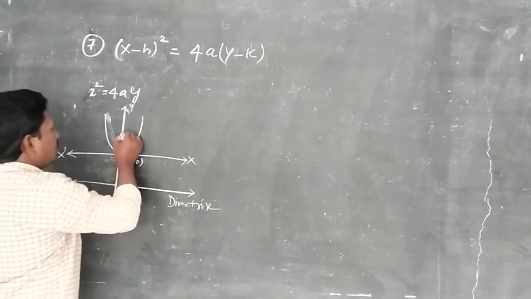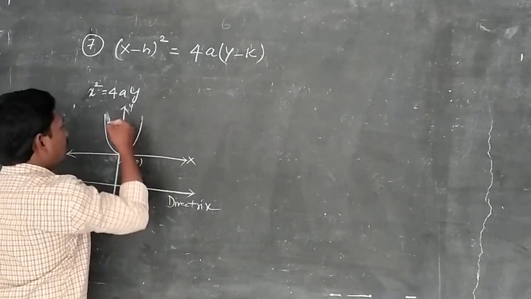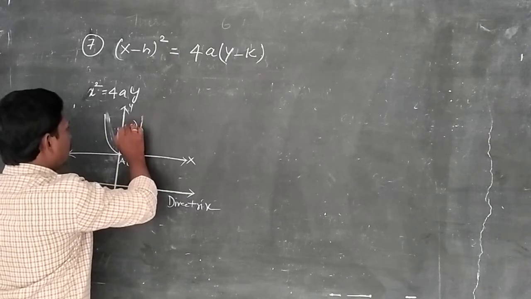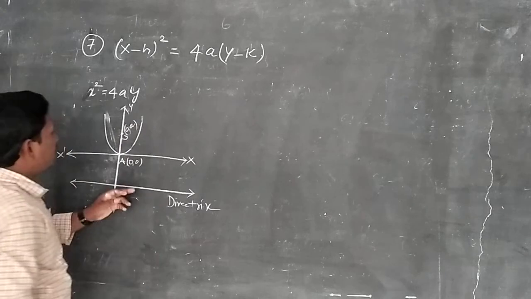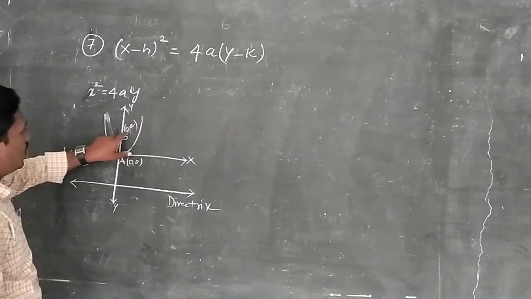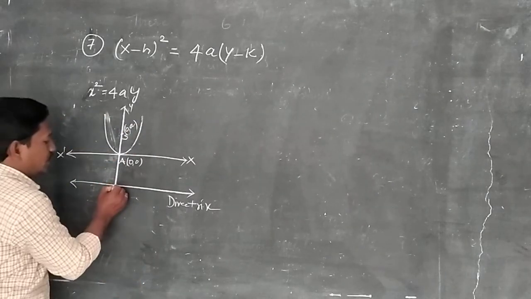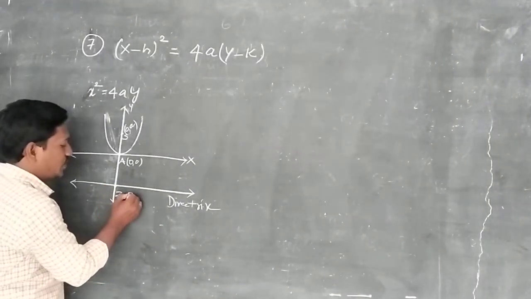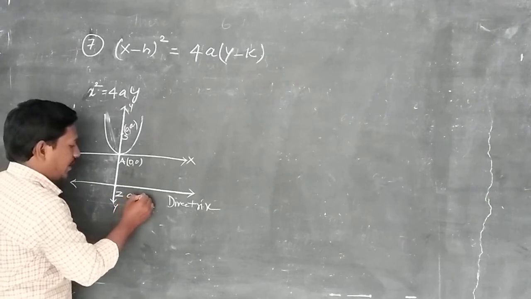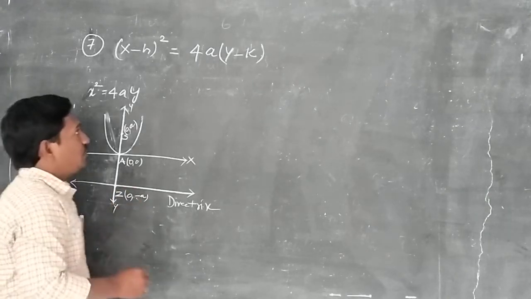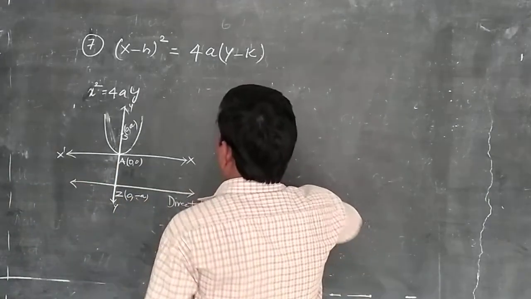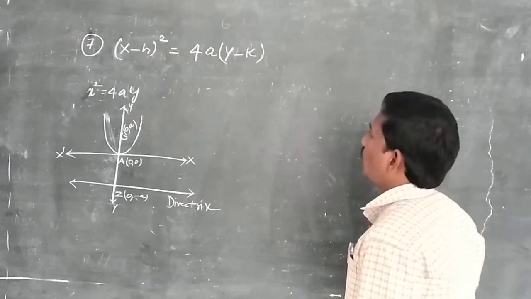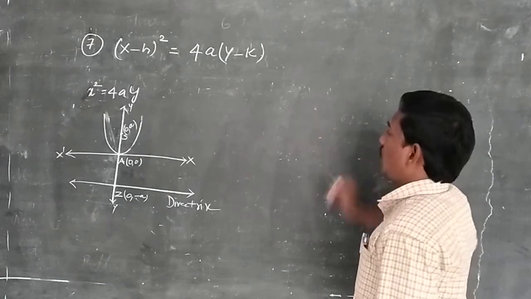And what are the points? What are the points of focus? (0, a). And here the point on the directrix Z is (0, minus a). Now, if you want to draw the parabola of (x minus h) whole square equal to 4a into (y minus k).